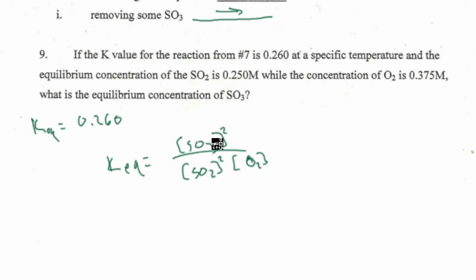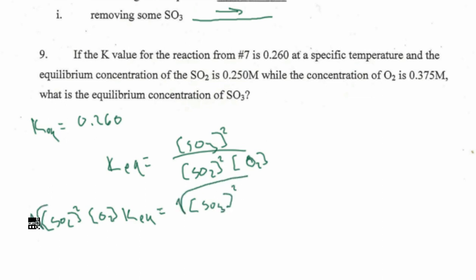So how would I get SO3 all by itself? Well, I'm going to multiply each side by SO2 squared and O2. There we go. KEQ times SO2 squared and O2 is going to equal SO3 squared. How do we undo a squared? Well, we have to take the square root of this, which means I've got to take the square root of that answer there. So now the concentration of SO3 is going to equal the square root of 0.260 times 0.250 squared times 0.375.